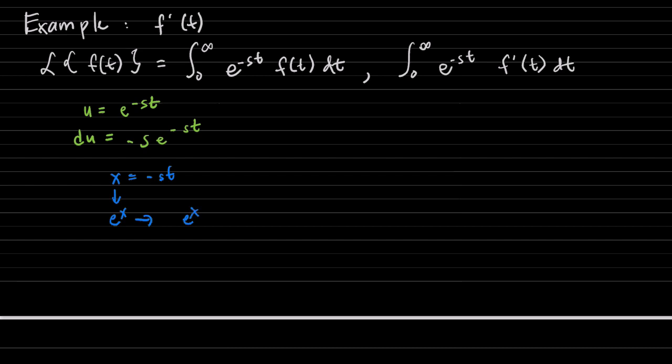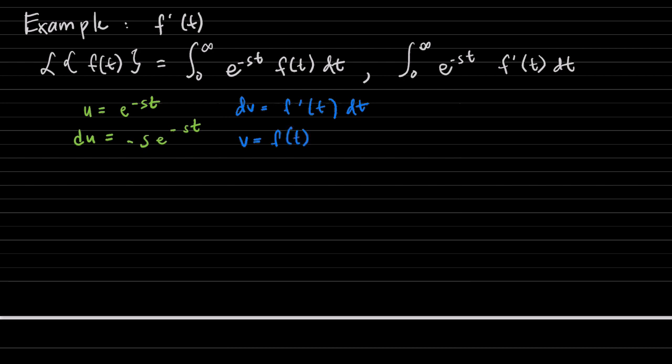Pero we have to remember na dapat yung x prime natin ay mamultiply kasama ng e raised to x, which is x prime is equal to negative s, di ba? So yun yung history nitong negative s e raised to negative st. So let's remove that for now. And then yung dv is equal to f prime of t dt. So yung v natin will be equal to f of t na lang, di ba?